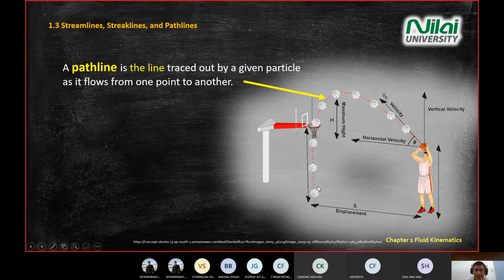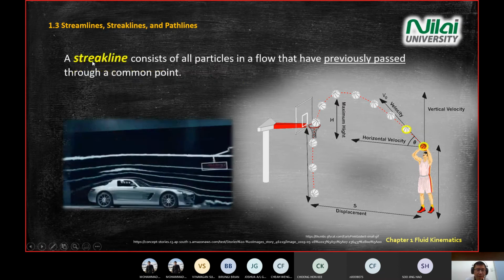Streakline is what I highlighted with the yellow. So I just give you two examples. The gray color basketballs are the streakline.